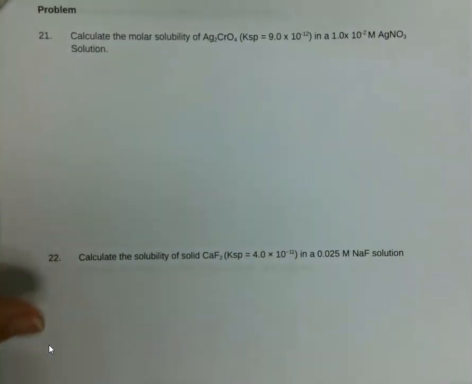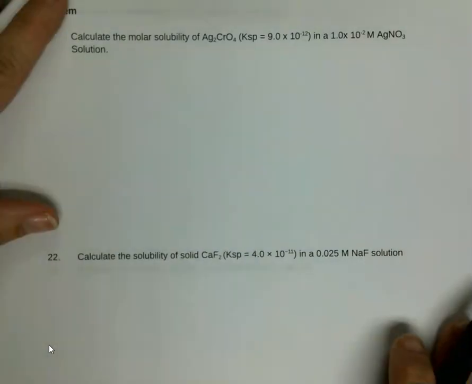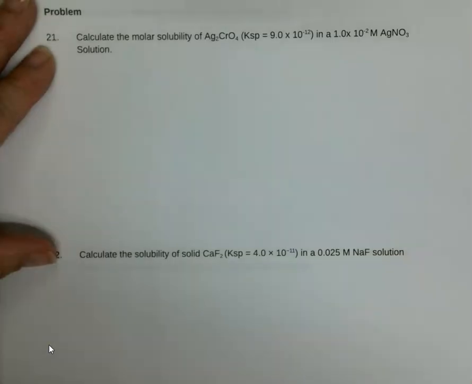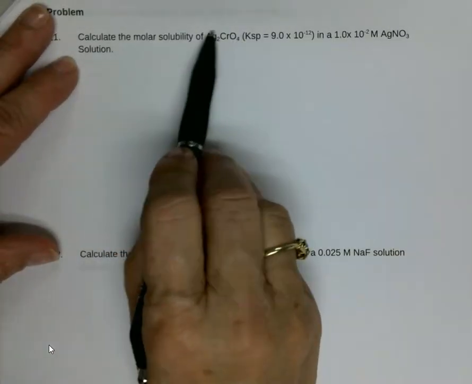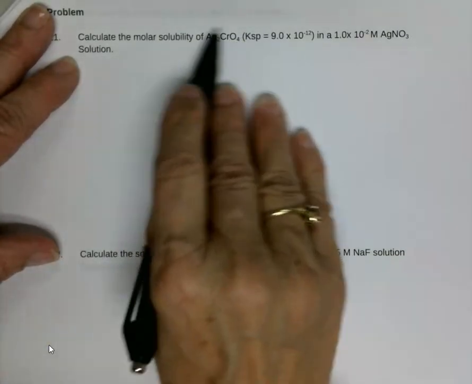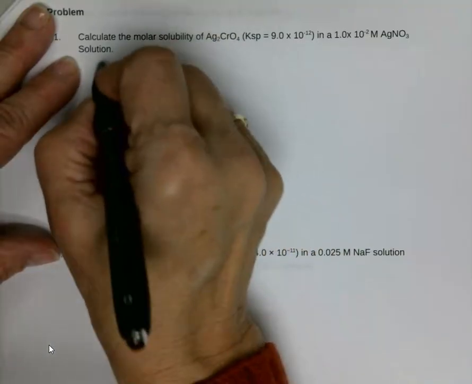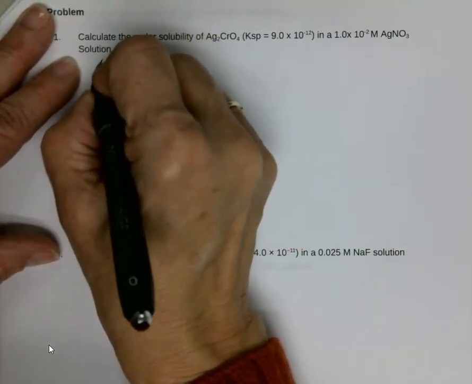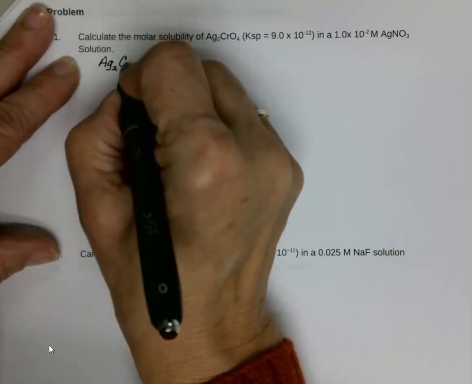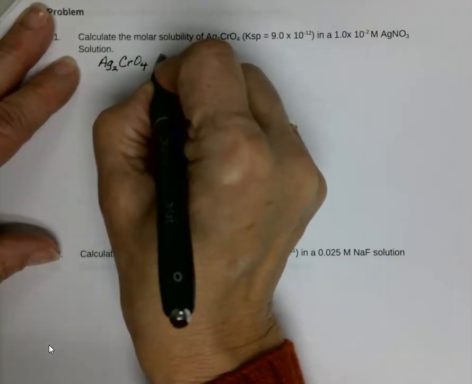Okay, so let's go ahead and first write our equation that we need. So this is what we are dissolving in solution. So we have Ag2CrO4.